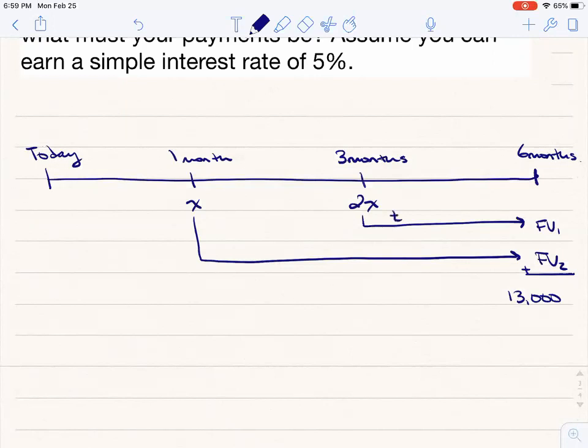The length of this first arrow is the distance between 3 months and 6 months, so that's 3/12. The distance from 1 month to 6 months is 5 months, so 5/12. And the rate for each of these is 0.05, just like before.